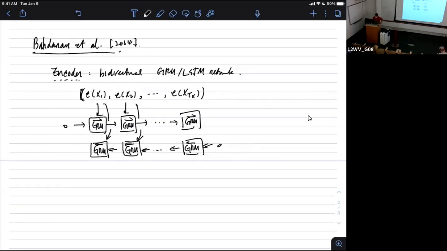It's just bidirectional, and it's almost a joke to call it bidirectional in the sense that we just have two GRUs, right? Two recurrent nets.